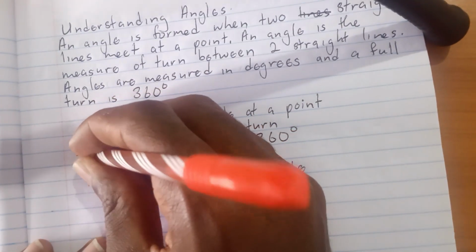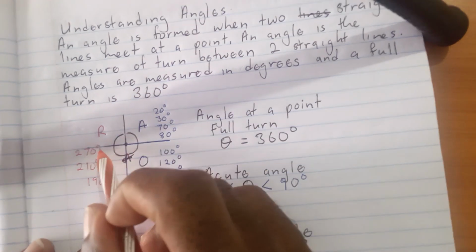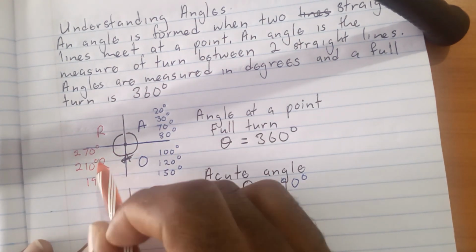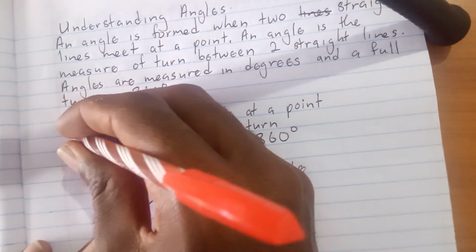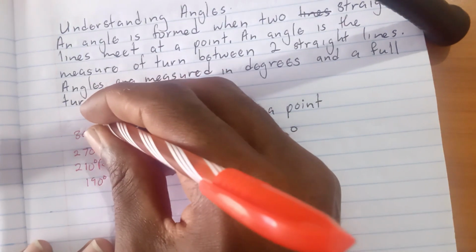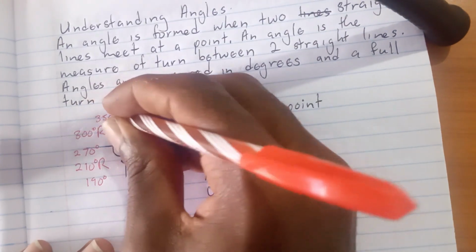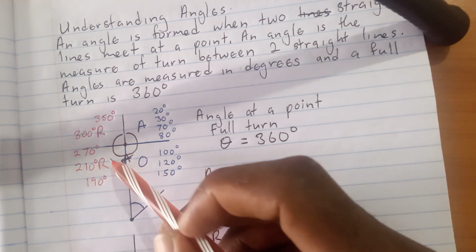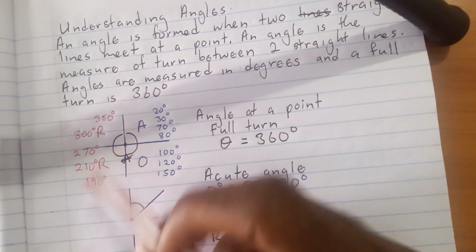Actually, this line here is 270 degrees, because we've seen this one was 90, this one was 180, this is 270. We can say 300 degrees, we can say 350 degrees. All these angles are part of reflex angles.